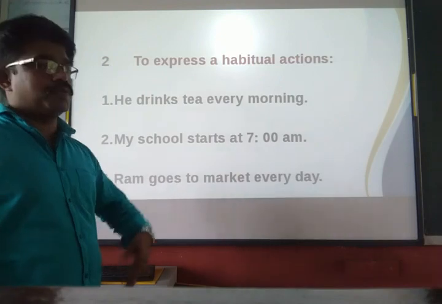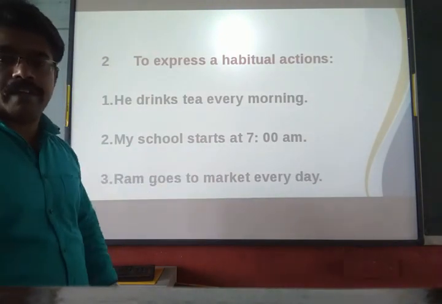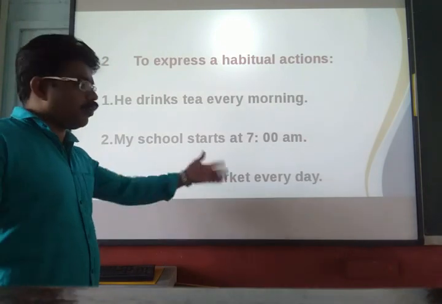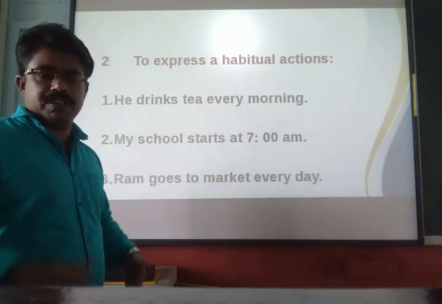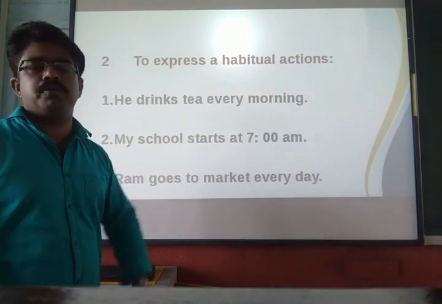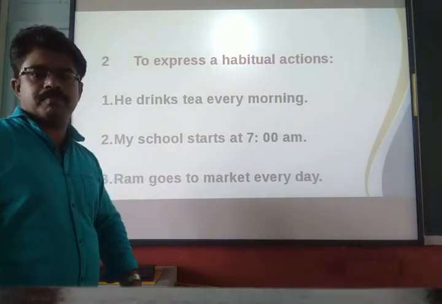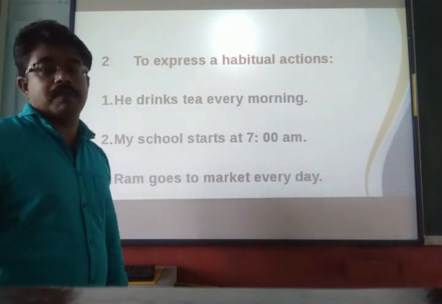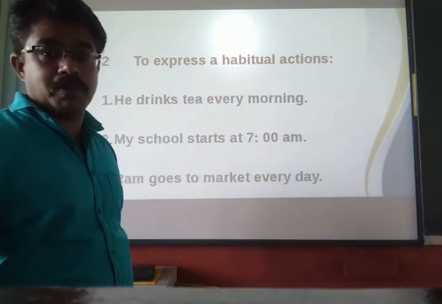Maybe people who exercise regularly, so they exercise daily. So these are all their habits, things or activities which we do every day. Very often what we do, those things we call a habitual action. So many habits we have got.